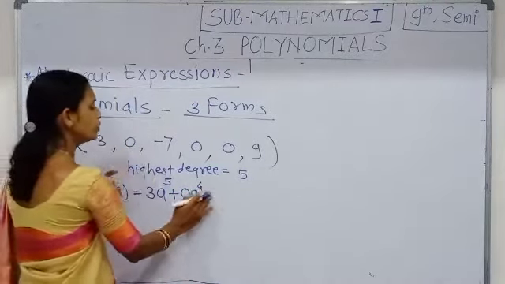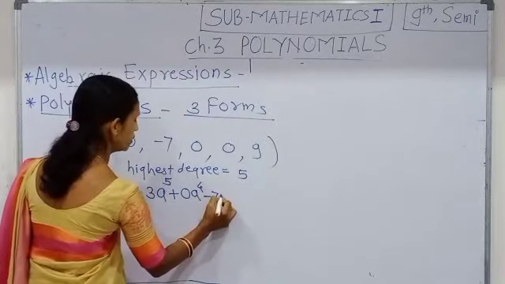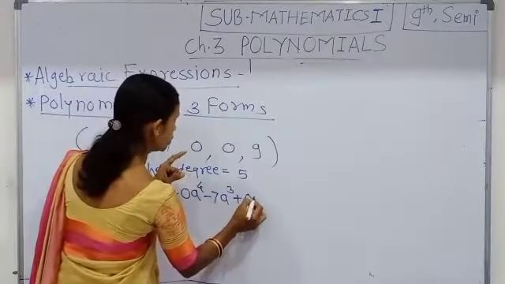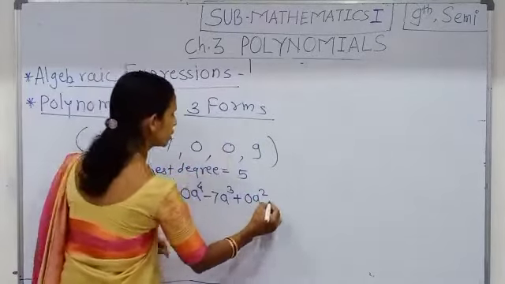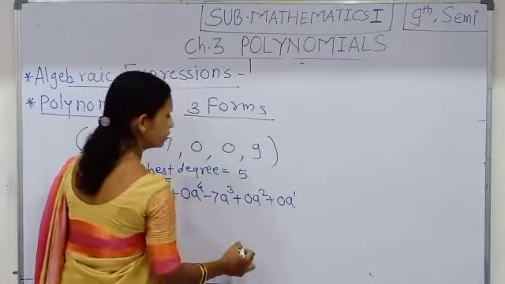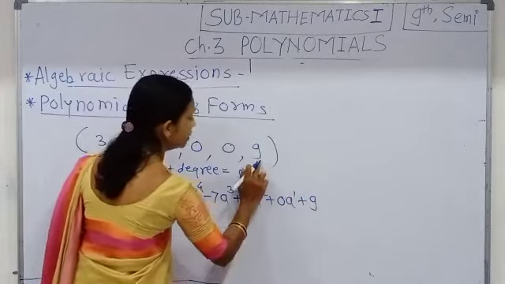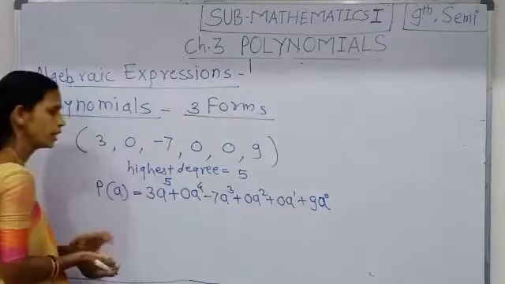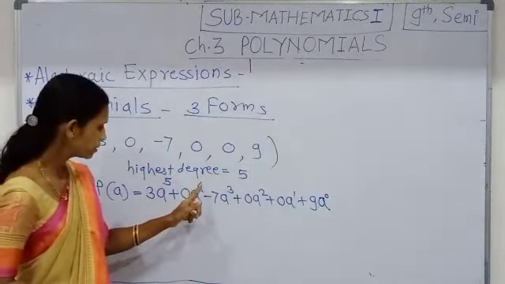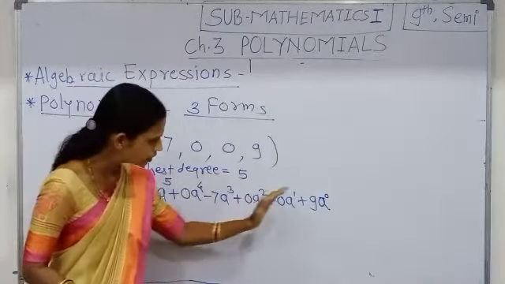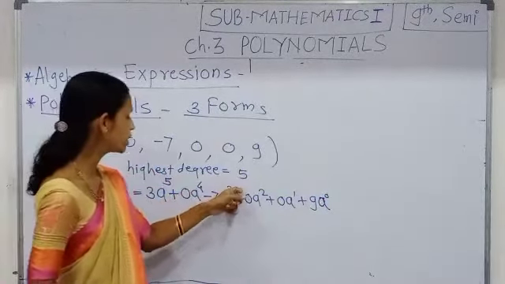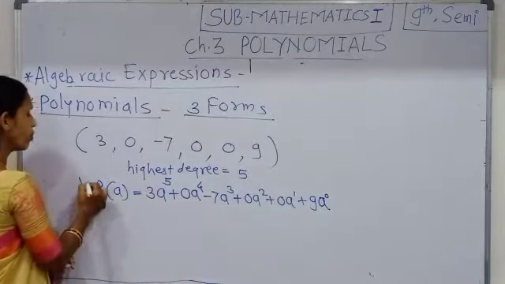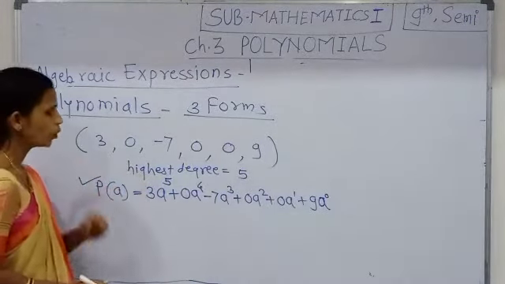Then minus 7 is the coefficient, therefore minus 7a cubed. Then 0a squared. Again 0, therefore 0a raised to 1, plus 9a raised to 0. See here, the indices of the terms are written in descending order: 5, 4, 3, 2, 1, 0. That is the index form of the polynomial.